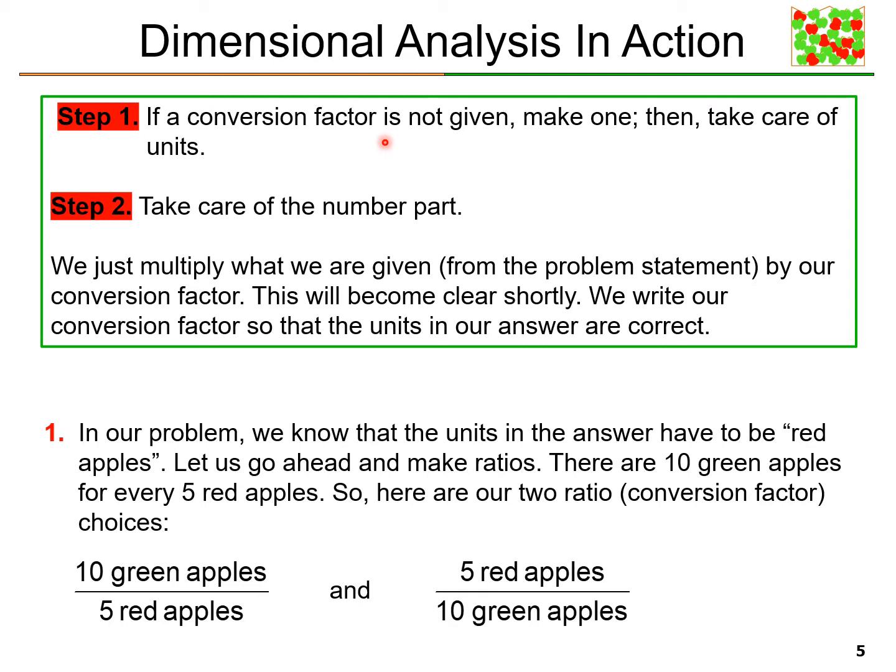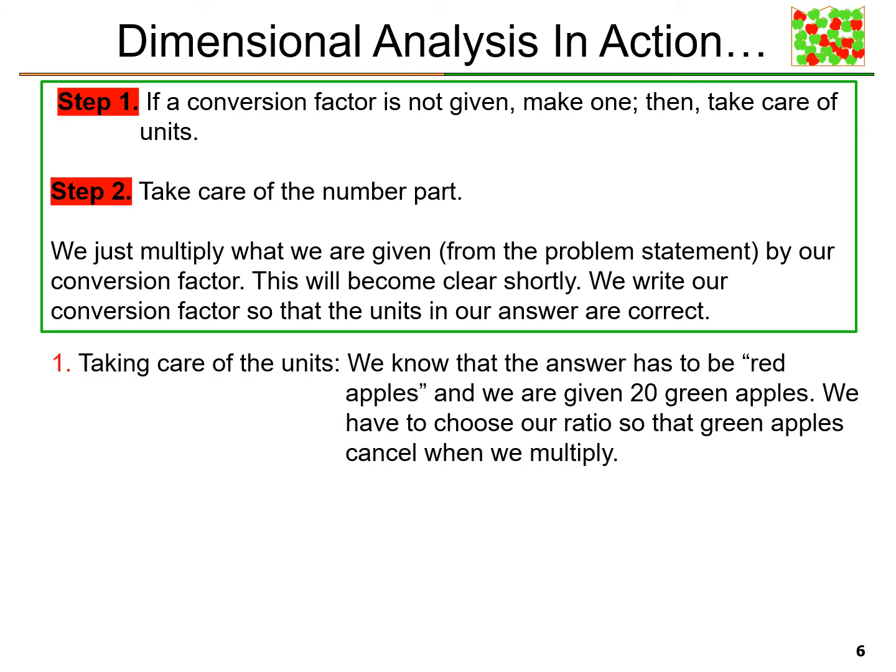So in step one, we were not given ratios, but we had to take the problem statement and form our own ratios. We're still in step one because we are still taking care of units. We know that the answer has to be red apples, and we are given 20 green apples.